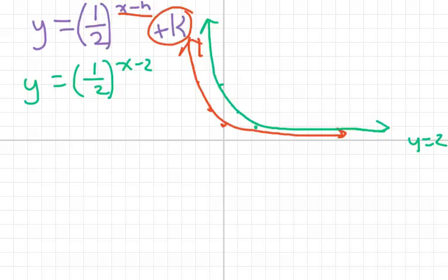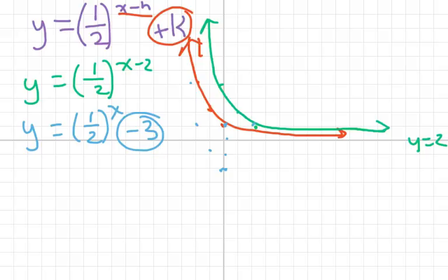Now to do a vertical shift, let's do a vertical shift down. Let's go down by 3. So we go minus 3. So I'm going to take my parent function and go down by 3. 1, 2, 3. So it's basically the horizontal asymptote is going to be at y equals -3.